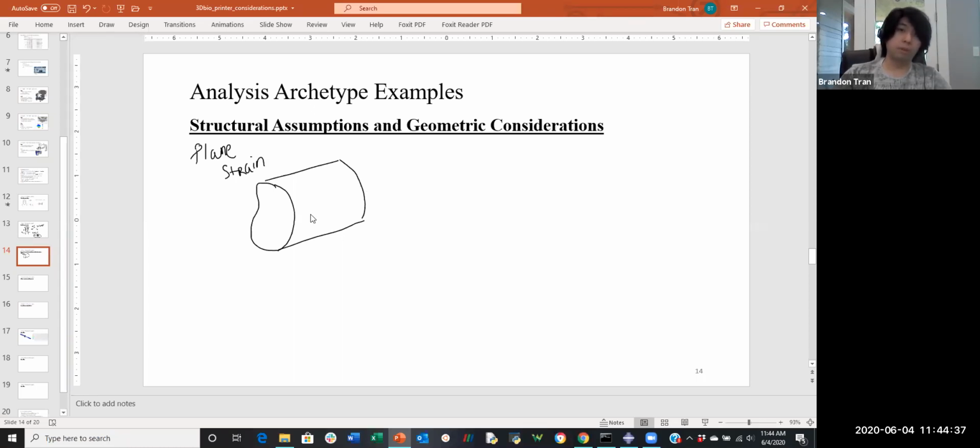So we assume plane strain, where we make the strain in the thickness direction 0. That simplifies some of your equations. For example, that basically makes epsilon Z go to 0, which is huge. That simplifies a lot of things. And then tau XZ and tau ZY also go to 0.